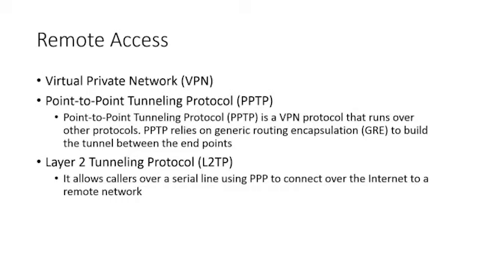I can remote into my home office. I think I mentioned whenever I'm at an airport or something like that, and I need to get online and do something that I don't want to do on the open public Wi-Fi, I'll set up remote access back to my home network. I can use things like a VPN, a virtual private network, which builds that tunnel, right?